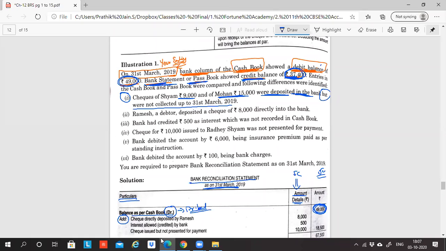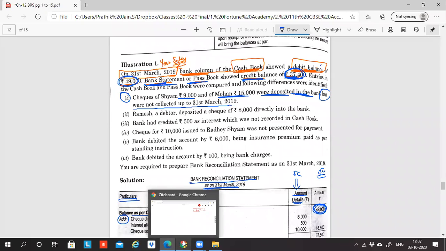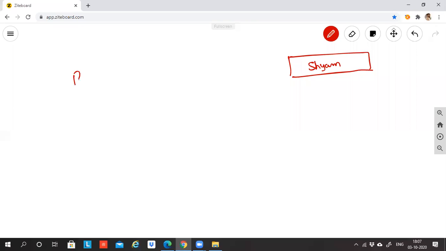So they have deposited checks worth 9,000 rupees. Sham has given a check to the business. Rakesh, what is the relationship between Sham and the business? He's a debtor, I suppose. Yeah, you're right.